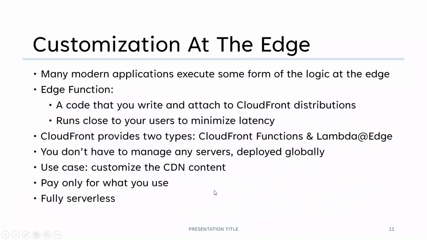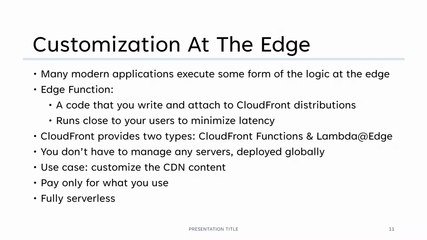Customization at the edge. If you have seen my CloudFront and Global Accelerator video, where I talked about caching at the edge, then you have an idea about edge locations. To give you a simple idea, AWS has 200 plus edge locations, and at each edge location you can cache your data so that people in close proximity to the edge can get the data at a higher speed, because the data is cached at the nearest edge location.